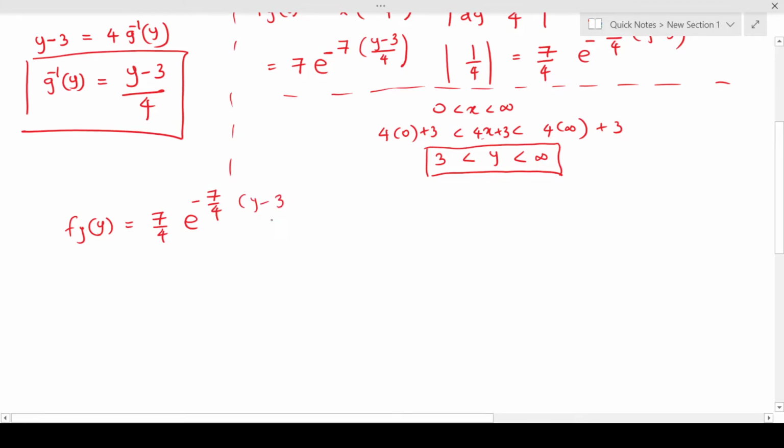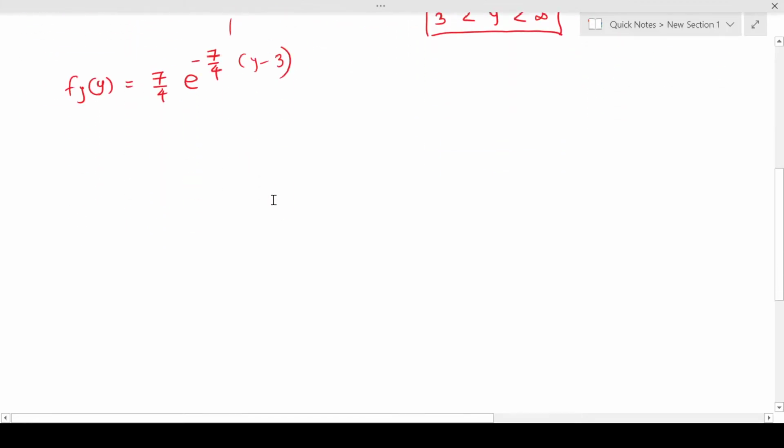I'm going to integrate this for all y, where y ranges from 3 to positive infinity, of 7 over 4 e to the power negative 7 over 4 times (y minus 3) dy.